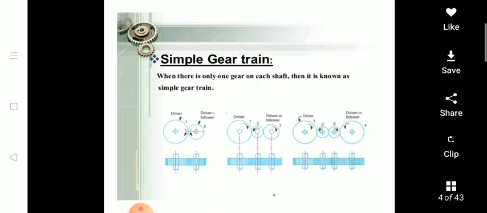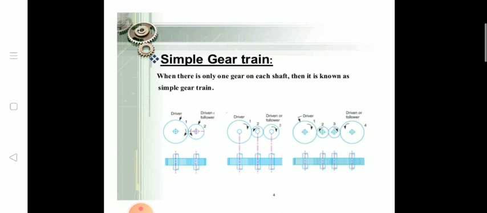Or you can write another way: the ratio of the diameter to the speed of the same gear is always constant for all the gears which are meshed in the simple gear train.